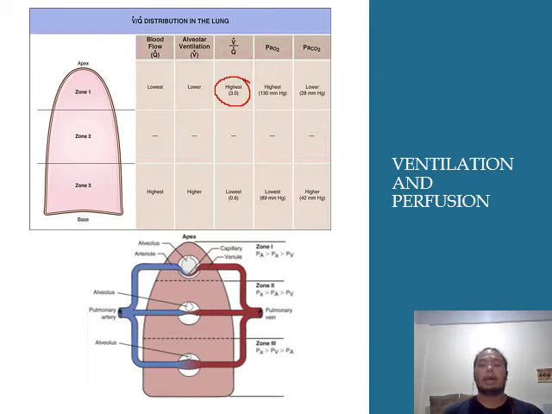Kaya dyan yung pinaka-inefficient. Kasi masyadong malaki yung VQ ratio from the normal. No? Sa base natin, lowest na VQ ratio which is 0.6. Si zone 2, yan yung 0.8 mo kasi relatively match sila dyan, kasi nasa gitna lang.